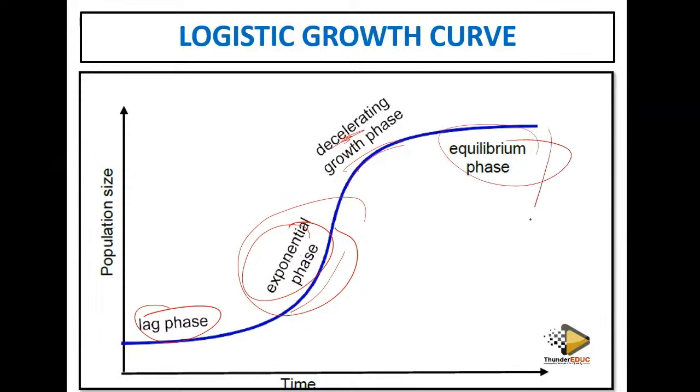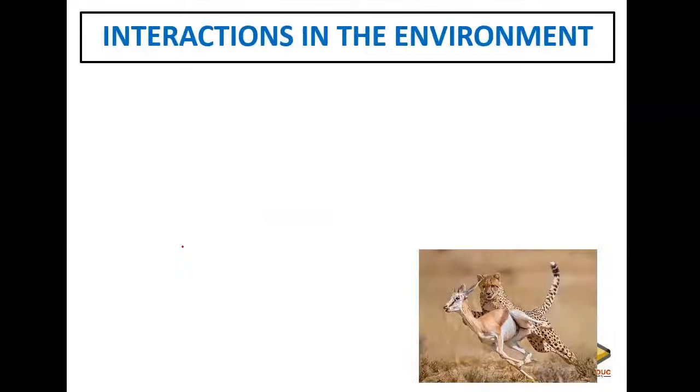Sometimes this happens and then it drops. Once it drops like this, this is what is called a death phase. But in most cases, if it's a natural population, it goes like that. So you cannot go to the paper without knowing these phases: the lag phase, the log phase, the exponential phase. Please make sure that you know how to explain that.